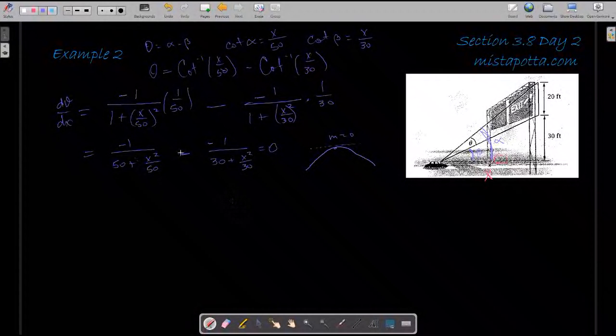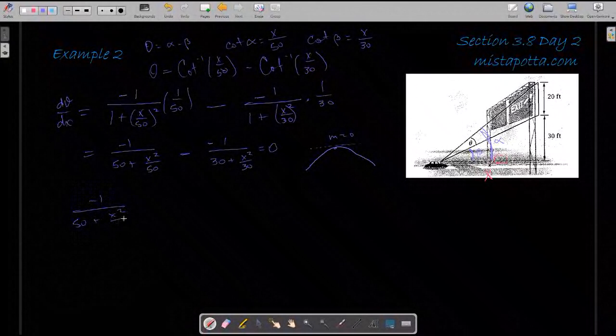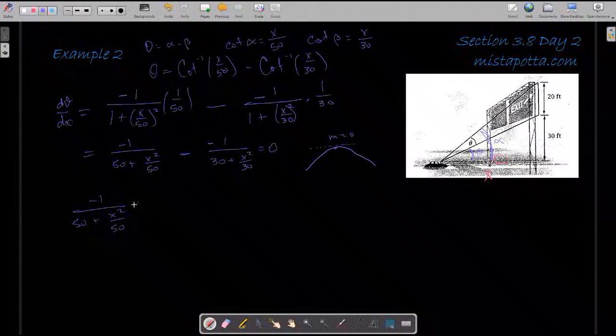And so what I'm doing is I'm essentially setting these terms equal to each other. Negative 1 over 50 plus x squared over 50 equals negative 1 over 30 plus x squared over 30. And of course, because I've got these fractions here, it really doesn't matter what the signs are.